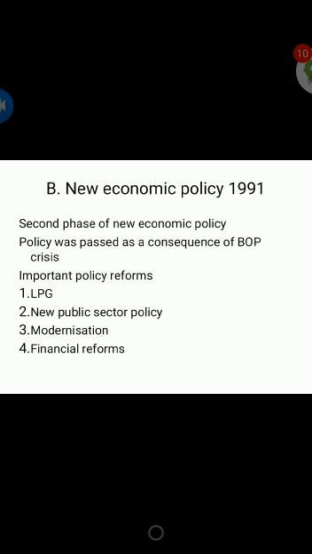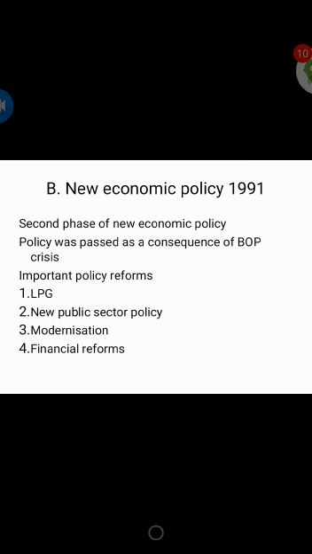The next is important policy reforms. Which were the important policy reforms? Like your LPG, meaning liberalization, privatization and globalization. What is liberalization? Liberalization is nothing but the restrictions that were there so far, the procedures and restrictions for your licensing policy and the conditions of your MRTP, all such things were reduced or freed. Then the next is privatization.